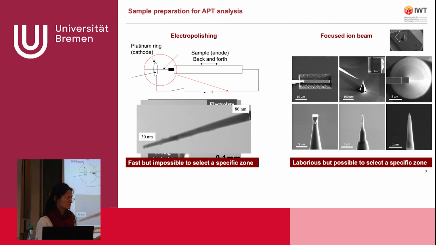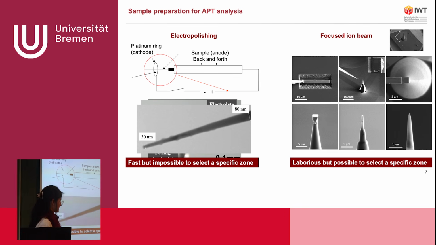I don't know how familiar you are with focused ion beam. It's just an SEM that is also equipped with an ion beam. It can be a gallium beam or it can be a xenon plasma. We have our sample, and with the ion beam we mill and sputter our sample in a controlled way, so that we create a trench here and lift out a piece of our sample.